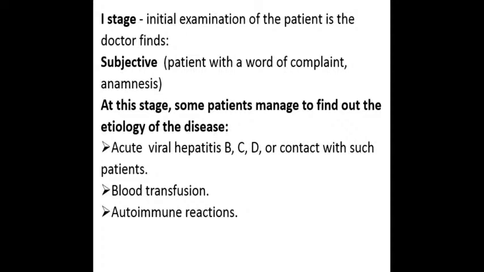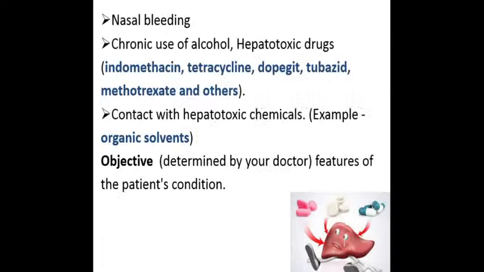The first stage, the initial examination of the patient, is where the doctor finds subjective data: the patient's complaints and anamnesis. At this stage, we can find out the etiology of the disease: acute viral hepatitis B, C, D, or contact with such a patient, blood transfusion, autoimmune reaction.